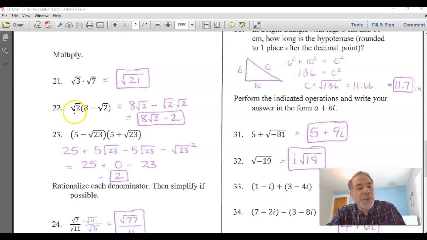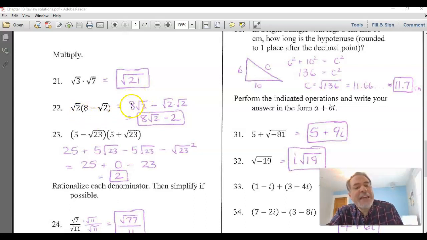Number 22, the square root of 2 times, in parentheses, 8 minus the square root of 2, we can distribute. So the square root of 2 times 8 minus the square root of 2 times the square root of 2. And then when we have the square root of 2 times 8, we have to just write that as those two things multiplied together.